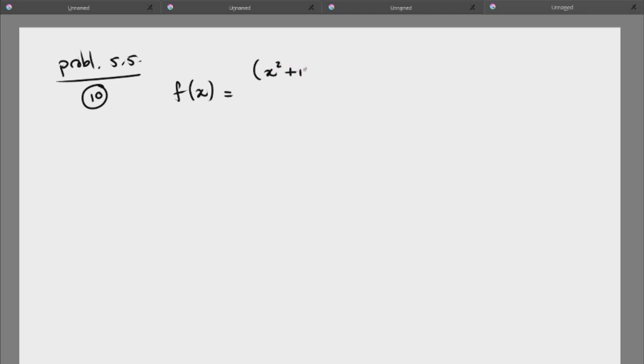All right. I'm looking at problem 5.5. I'm looking at number 10. And with this, we are finished with chapter 5. We have this function over here.